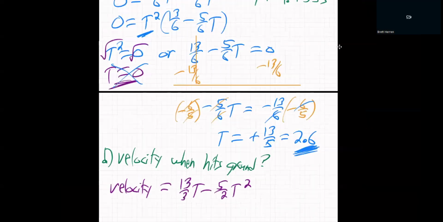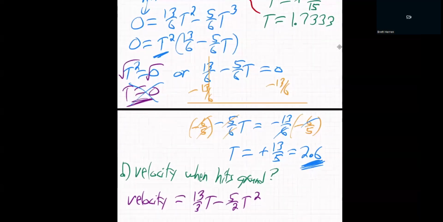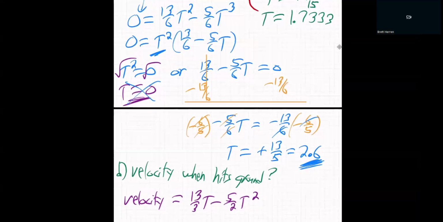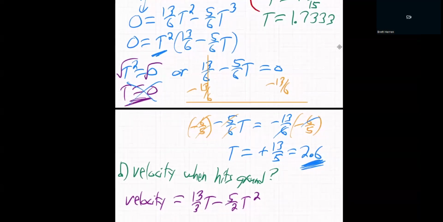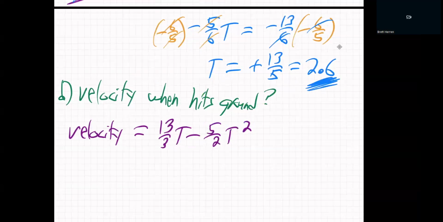Did I get that right? 13 thirds t minus 5 halves t squared, right? Okay. It's a velocity equation. And we're saying when it hits the ground. When does it hit the ground? Well, we just learned that's at t is 2.6.